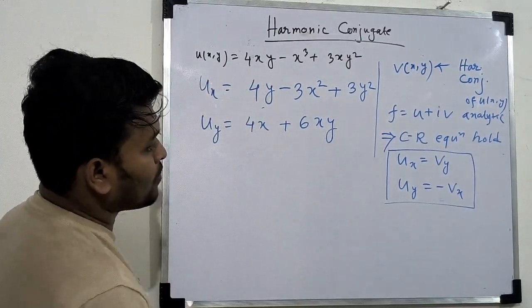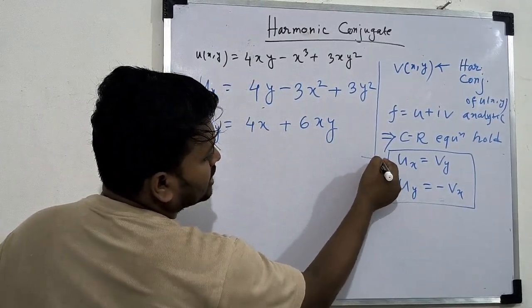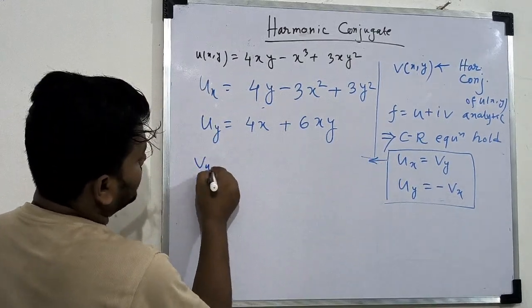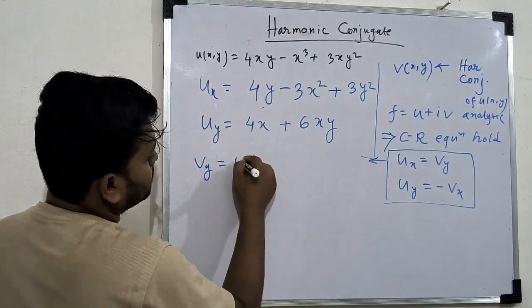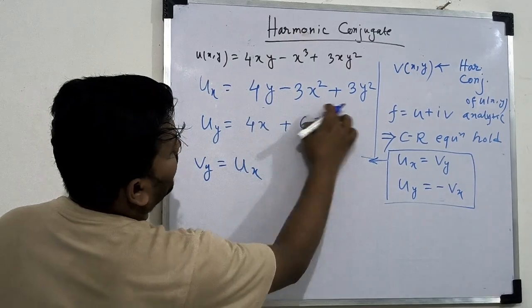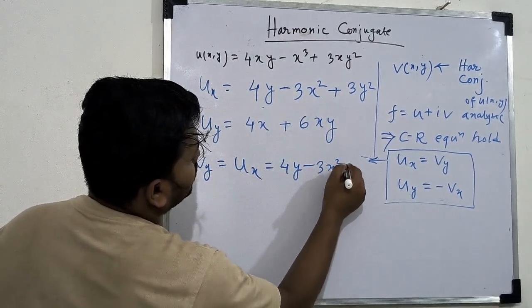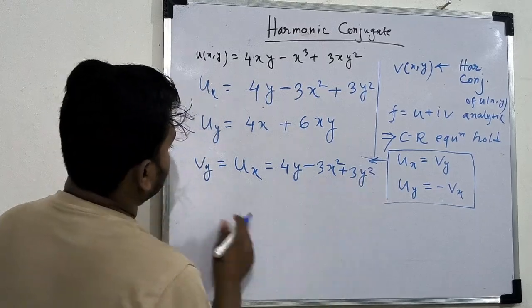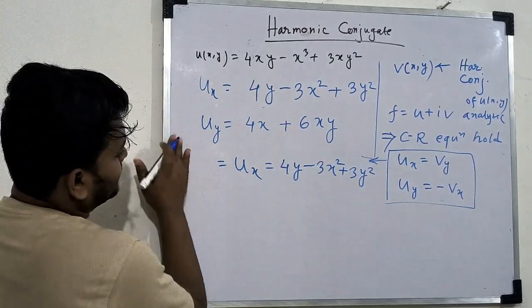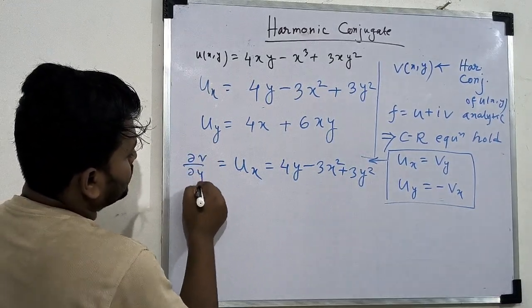U is given. First we use the first equation, vy equal to ux, and ux is 4y minus 3x square plus 3y square. So this is vy, that is del v del y.